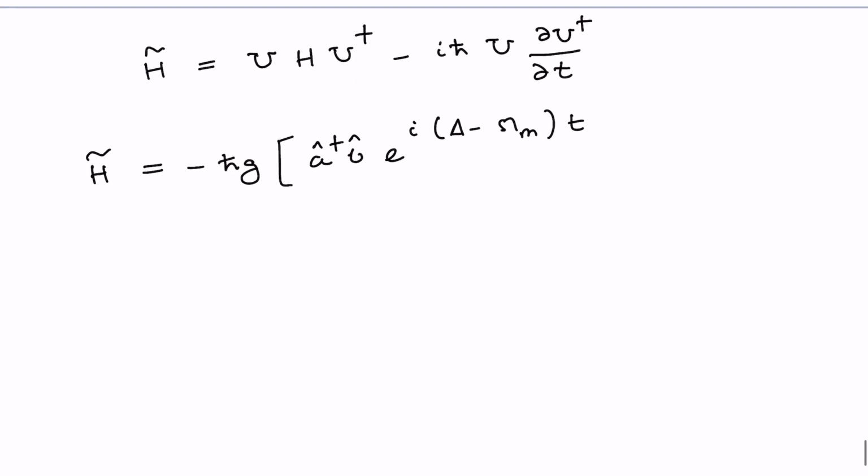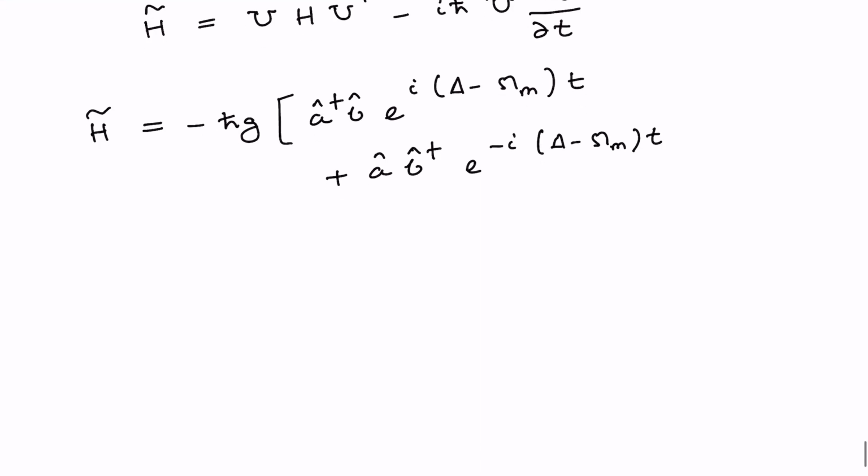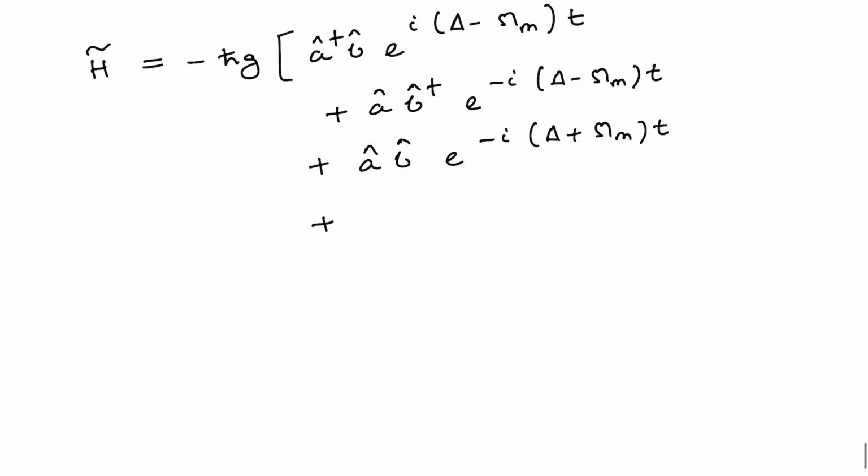You will have four terms: plus a b dagger e to the power minus i (delta minus omega m) t, then the term a b e to the power minus i (delta plus omega m) t, and a dagger b dagger e to the power i (delta plus omega m) t.